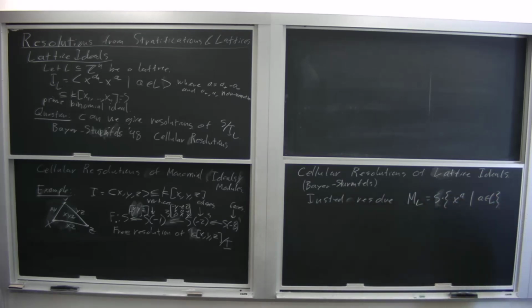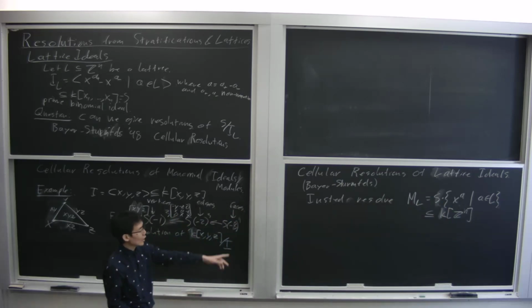These aren't monomials, they're Laurent monomials, so this will live inside the Laurent polynomial ring, which I'm going to denote by K adjoin C to the N. But this is now going to be a sub S module of the Laurent polynomial ring viewed as an S module.